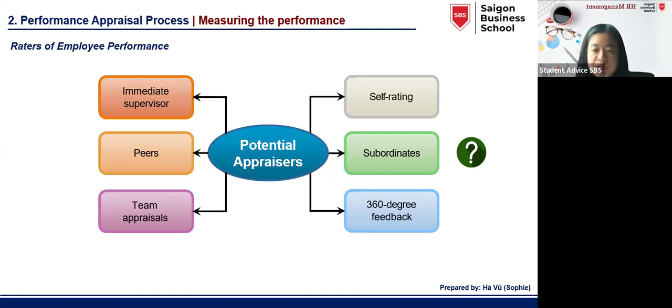Because of these factors, supervisors, peers, customers, and employees themselves can all contribute to performance evaluation.